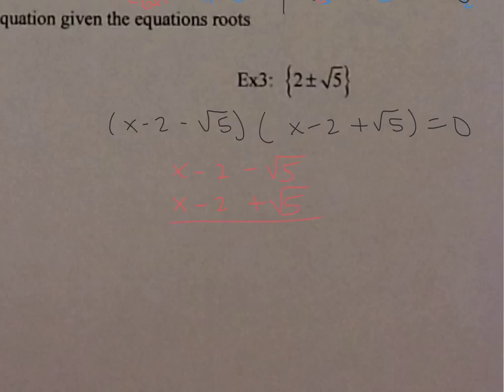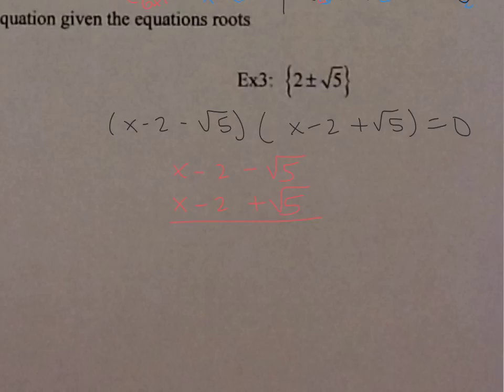So now I'm going to multiply the square root of 5 times negative 2, and the square root of 5 times x. And negative 2 times the square root of 5, negative 2 times 2, and negative 2 times x. And then the same thing with the x times the square root of 5, x times 2, and x times x. So now let's multiply the square root of 5 times negative the square root of 5.